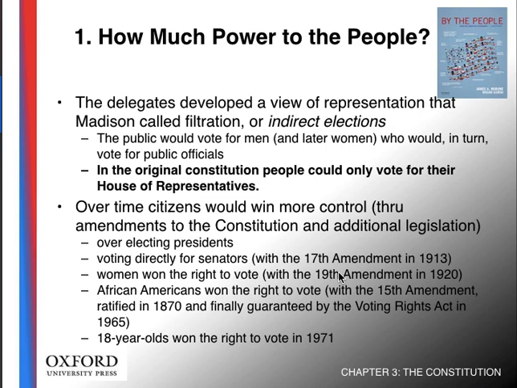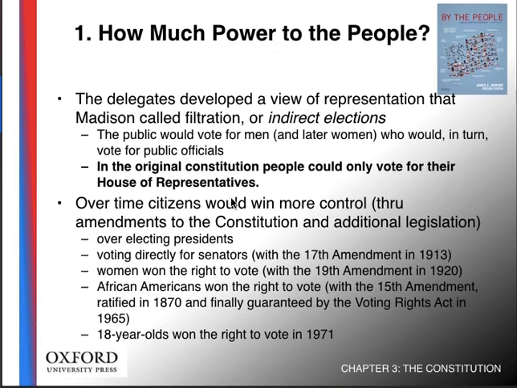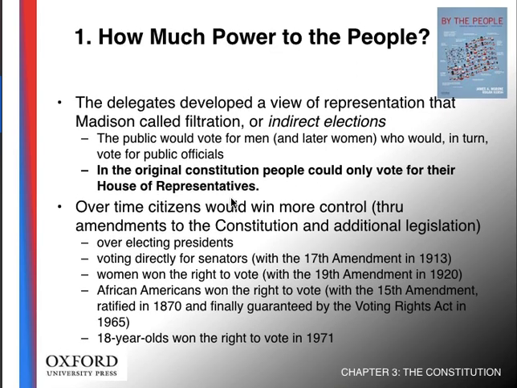In the original contract, they said that people could only vote for the House of Representatives. These representatives in turn would make policies, and the House of Representatives would select the senators, and then the senators and House of Representatives would select the president. In the original Constitution, that's the way it was laid out.